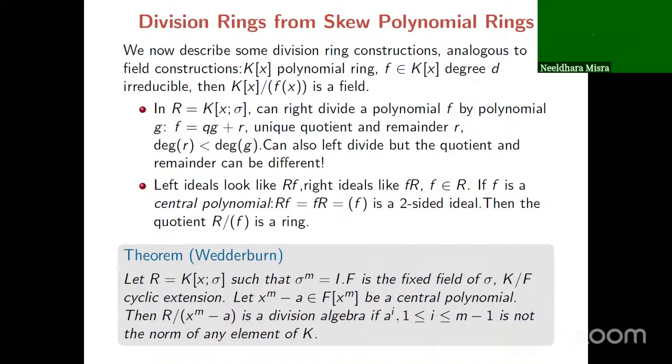So the norms that you can get by computing this product, the set of all norms that you get should be a proper subset of F, in fact a proper subgroup of F, and any element of F which is not such an element you can use to get a division algebra.